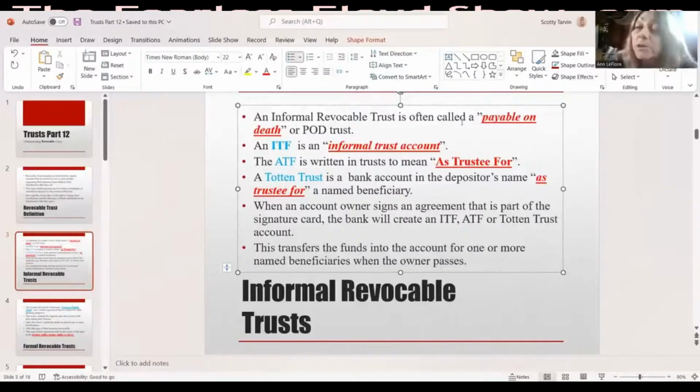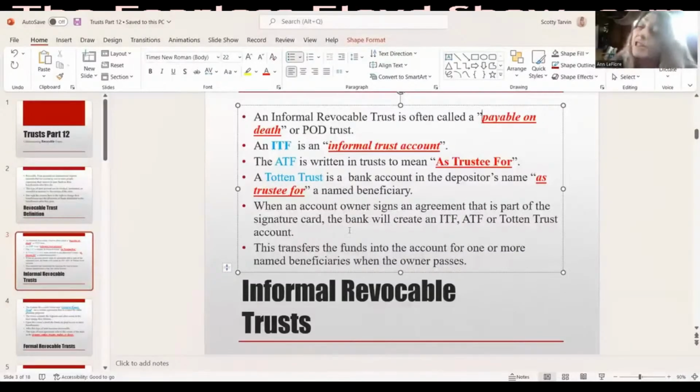This is how they set up your trust accounts, guys. So depending on how you write the title of your trust is what this does. Like the POD, it's payable on death. So a lot of people will set it up. And as soon as you die, your revocable trust becomes an irrevocable trust.